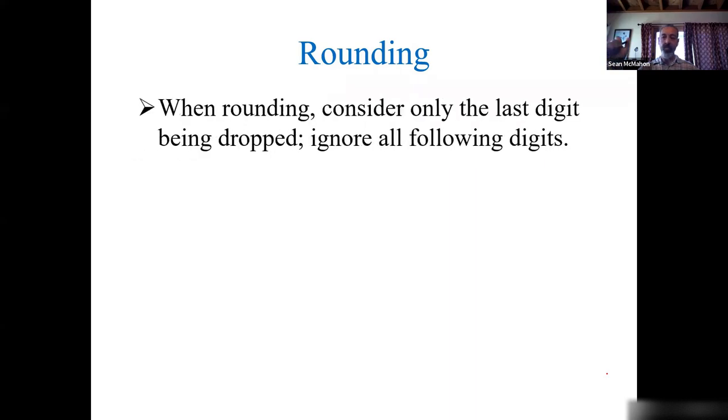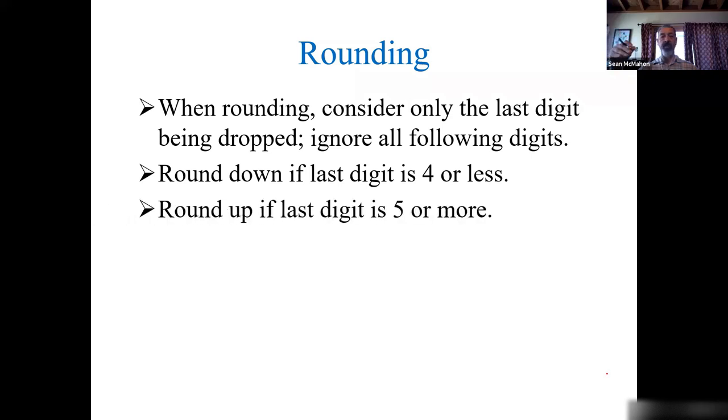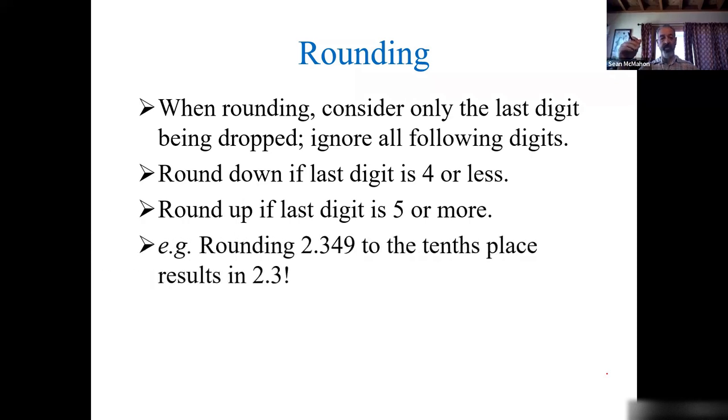So when you round, you always look at the last digit being dropped. All the other digits you don't look at. If the last digit before being dropped is a 4 or less, you just drop everything. If it's 5, then where you're rounding, you round up.